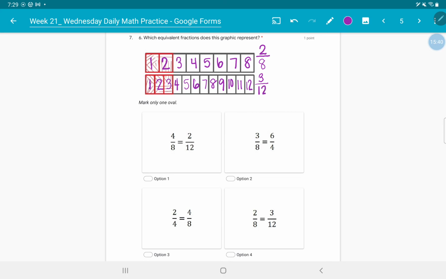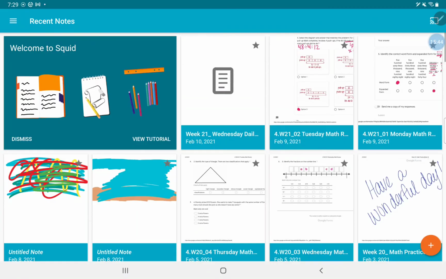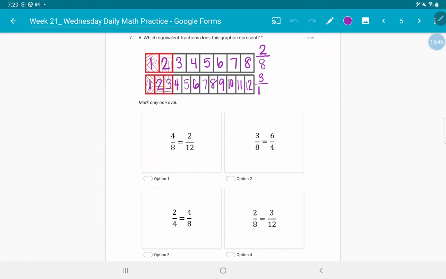There's 12 pieces in the whole. So in my first model, I have 2/8. In the second model, I have 3/12. So 2/8 is equal to 3/12. Option 4 is the correct answer.